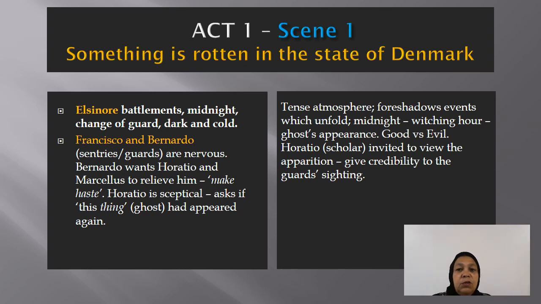The fact that he uses the words "this thing" very casually shows that he really doesn't believe that they have sighted a ghost or an apparition. We know that there is an extremely tense atmosphere, and this atmosphere foreshadows the events which will unfold eventually.